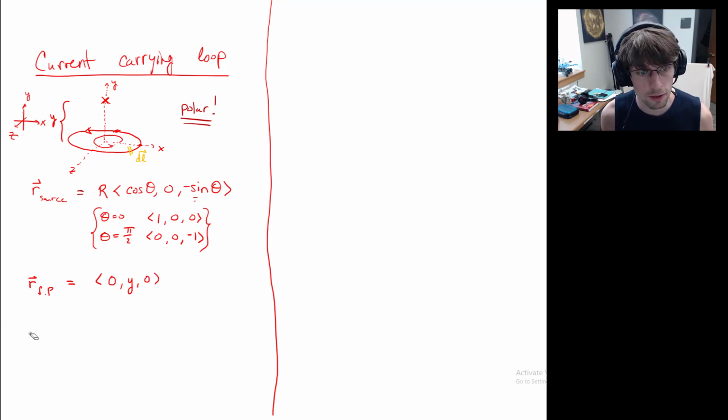Which means our relative position vector is given by field point minus source. So I have something like r cosine of theta. Better put that negative sign in there. Then y, comma, r sine of theta.